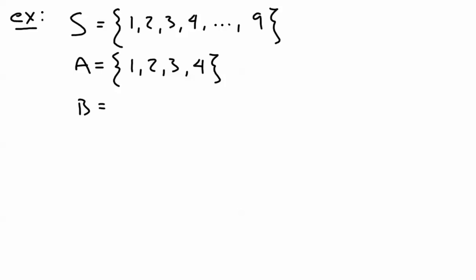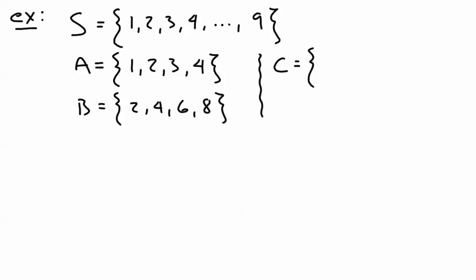Set B contains elements 2, 4, 6, 8, and set C contains elements 3, 4, 5, and 6. Okay?